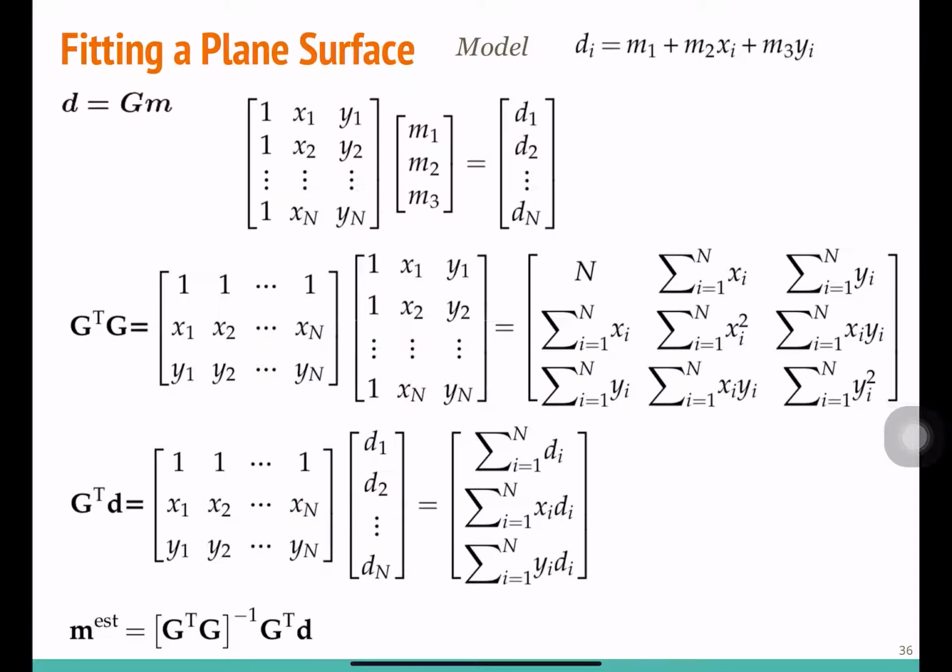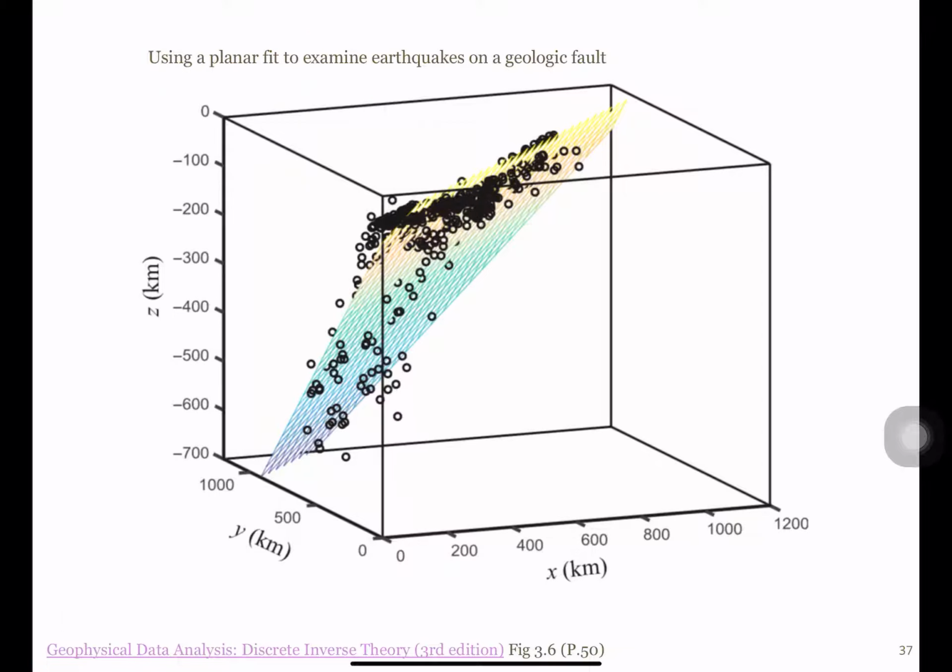It's very convenient. So this is an example from the book. It's using the inverse theory to find the geological fault, to examine the earthquakes on geological fault.